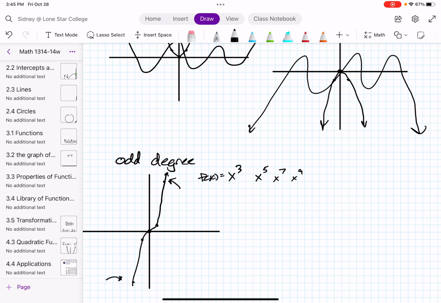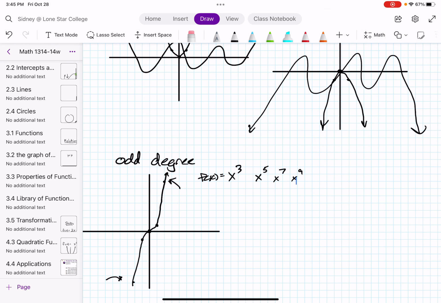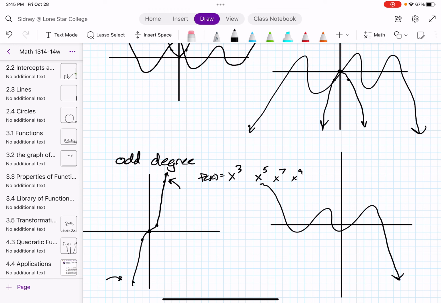Now, once again, the more sophistication you add, the more pieces you add, the more interesting stuff will happen in the middle. However, what will be true is that they will end in opposite directions. So if I start up and I wave around, then I'll end down because it ends in the opposite way that it started.